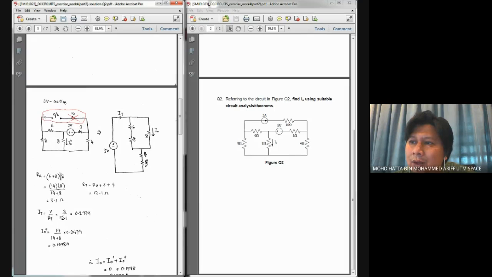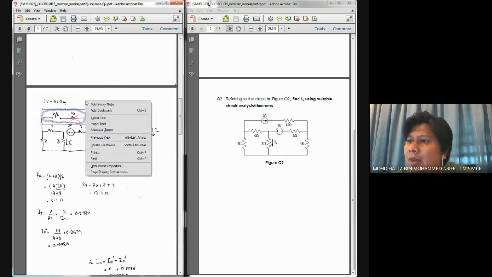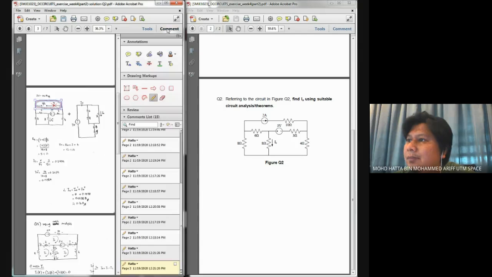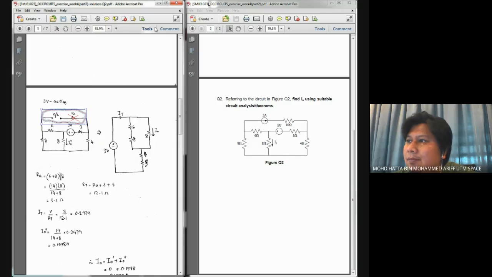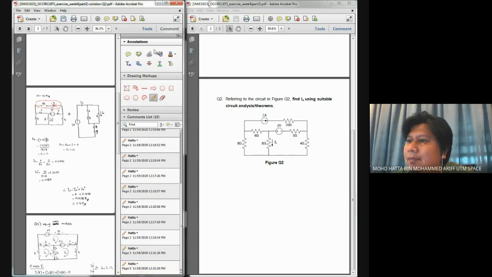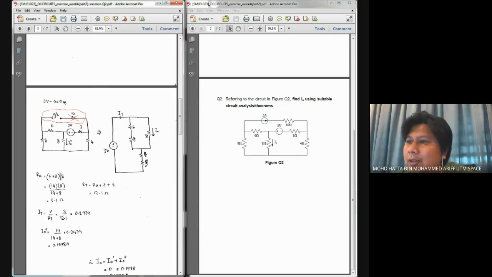Remember that if you have open circuit, it means that the current over here is equal to 0.